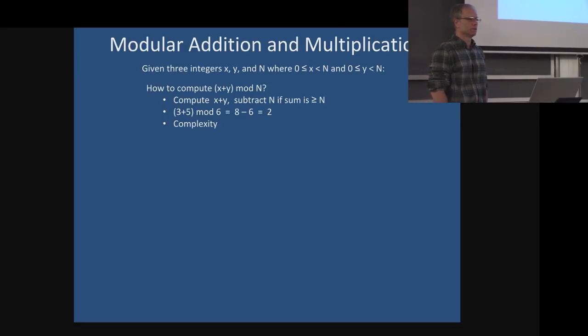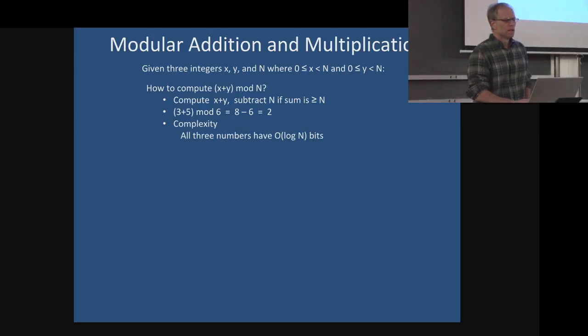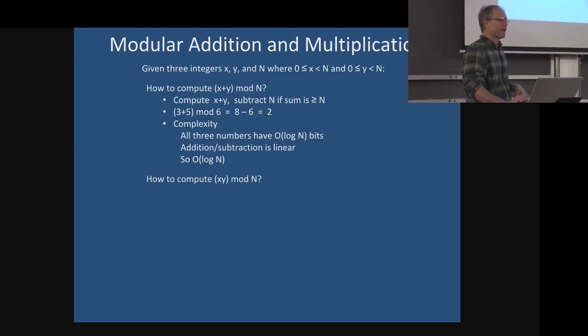It'd be linear time with respect to the number of bits. It'd be O of n, because the addition takes linear time, and subtraction does as well. So all three numbers have log n bits, and that's linear. So it's O of log n. Now, I didn't put it on the slide. I'll often, instead of writing O of log n, do O of little n, where little n is the number of bits in big N.